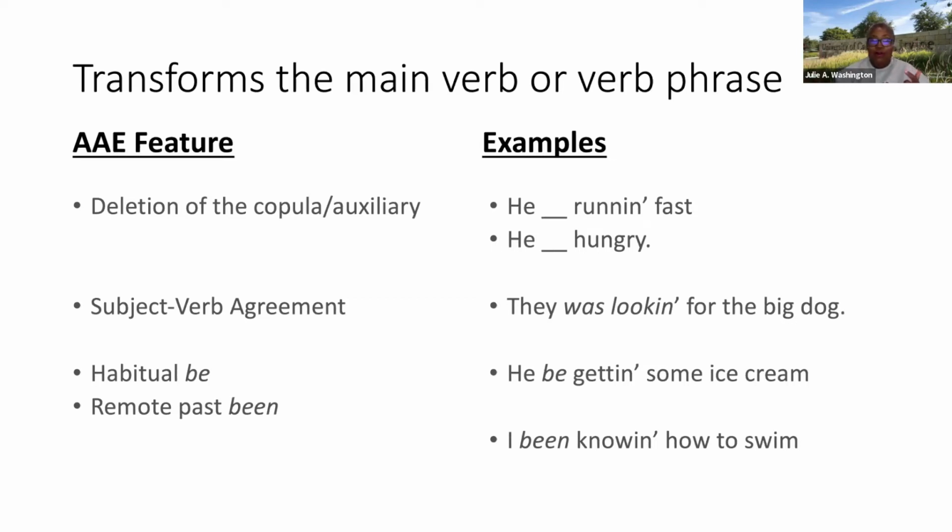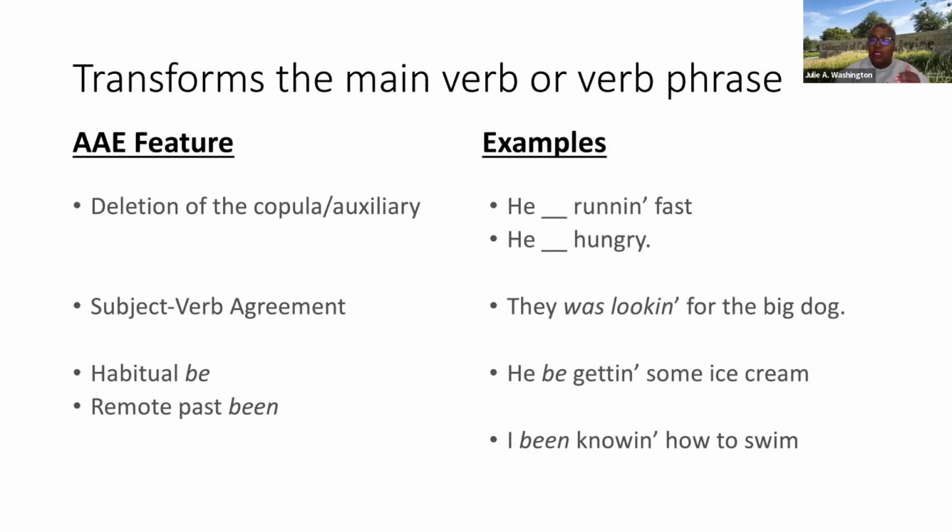So the main verb is like is, he is hungry. In African American English, it can just be he hungry. And he is running fast becomes he running fast. And you see the final consonant is also deleted in the ing form. Subject verb agreement is also a really common feature, and it's usually was and were that are impacted.